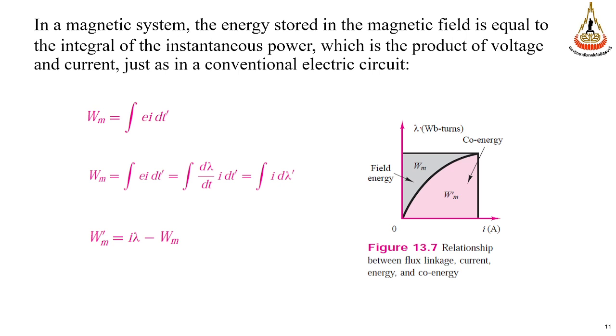Now, if we consider the energy stored in the magnetic field, we just integrate EI. And what is E? E is d lambda by dt, or d N phi divided by dt. Or we can have I and d lambda, if lambda is changed. It's I into total flux minus the constant WF.